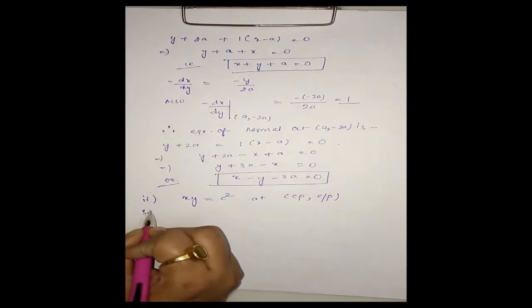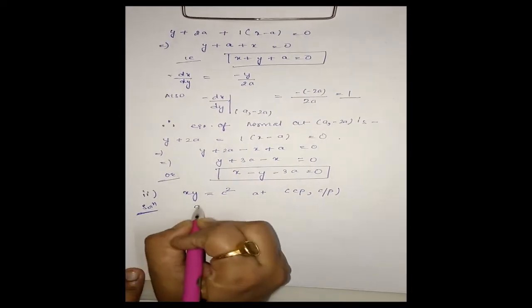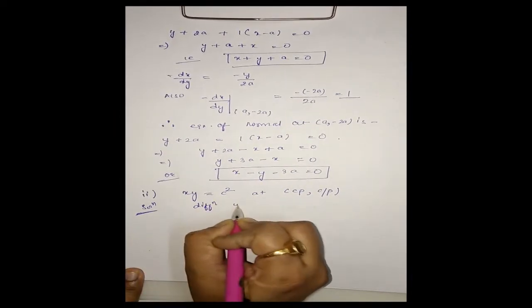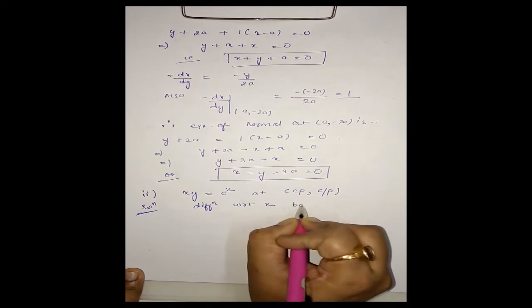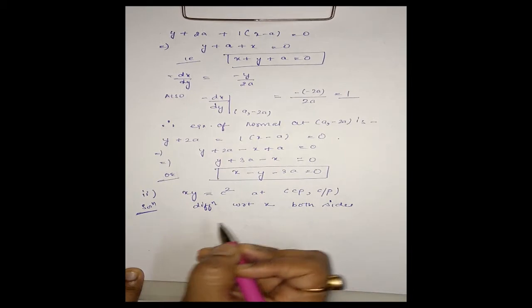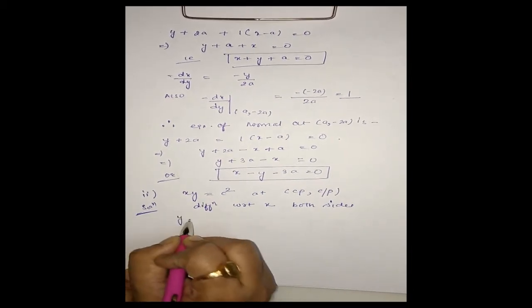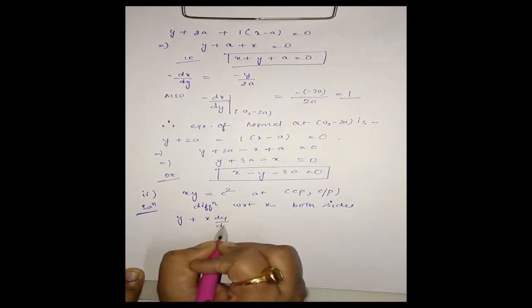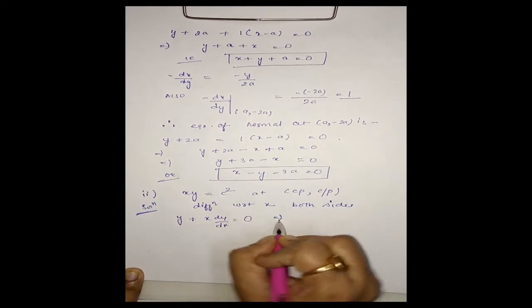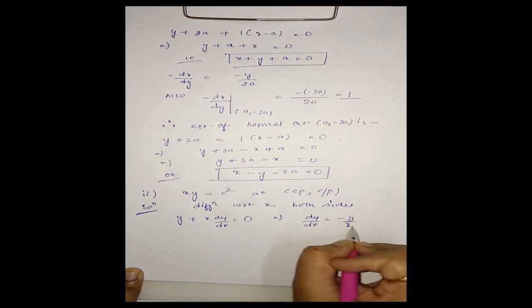Now, first we have to find the derivative, differentiating with respect to x both sides. Now applying the product rule of differentiation, this will give us y plus x dy by dx is equal to 0. That is dy by dx is equal to minus y by x.